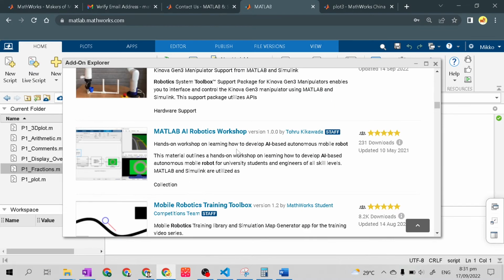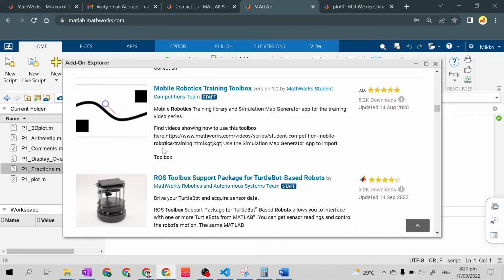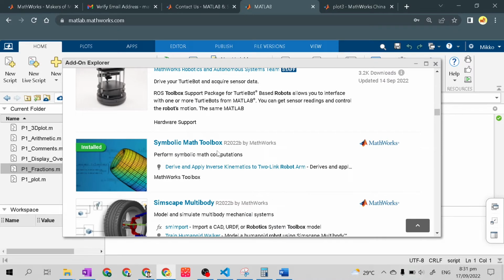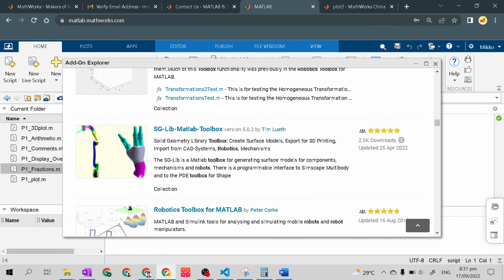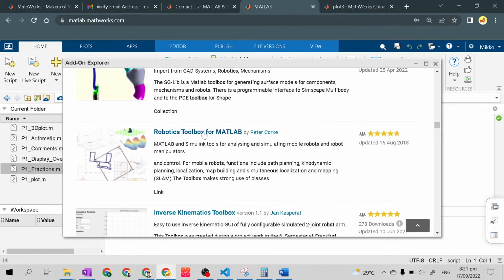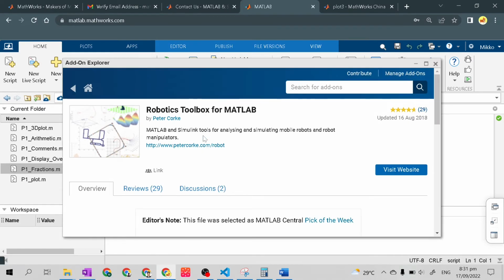There are lots of robotics toolboxes here, but not all of them can be installed in MATLAB Online. What we will use here is the Robotics Toolbox for MATLAB by Peter Corke. This is a very popular toolbox for robotics created by engineer Peter Corke, and this is the perfect toolbox for learning robotics as a beginner.